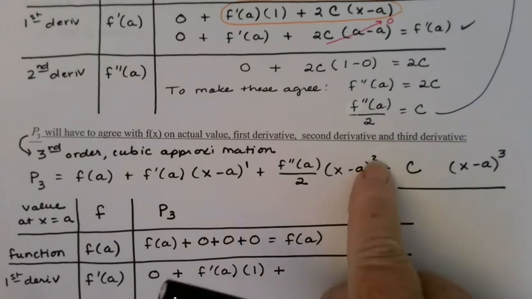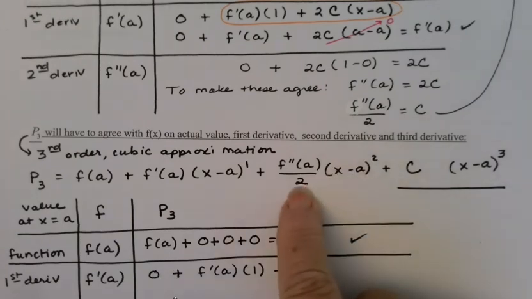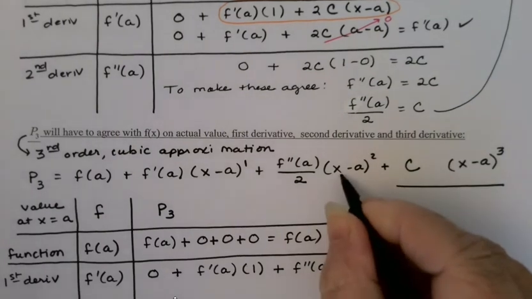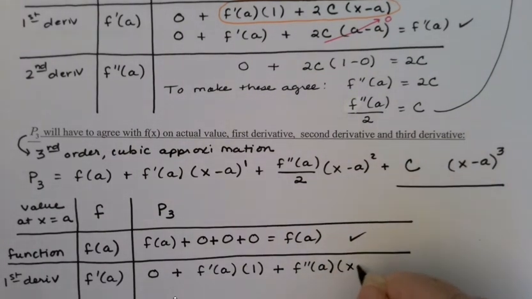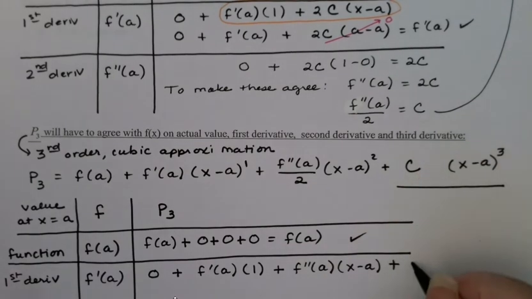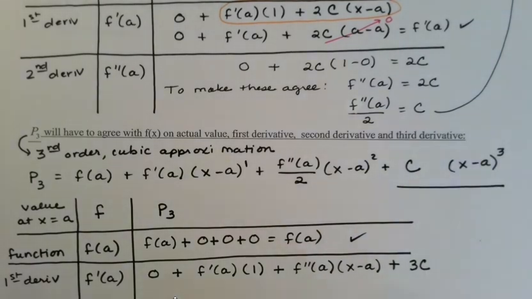So when I take the derivative, the 2 is going to come down and cancel, and I'll just get f double prime of a times x minus a to the first. Plus, the derivative of this term will bring the 3 down, so we'll have 3c times x minus a squared. That's my first derivative, which we'll use in a couple of minutes to get the second and third derivatives.